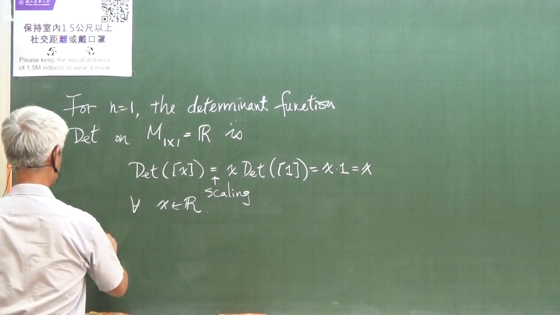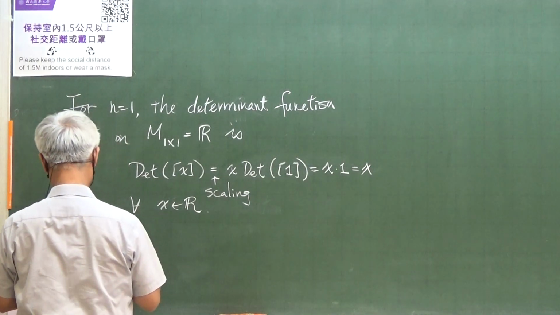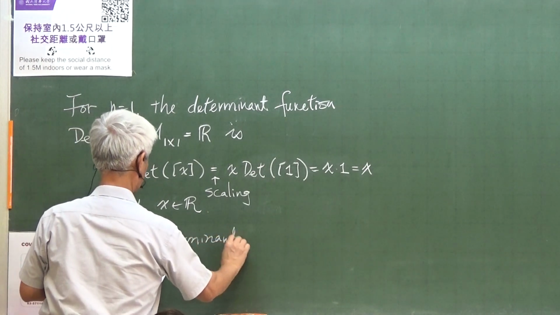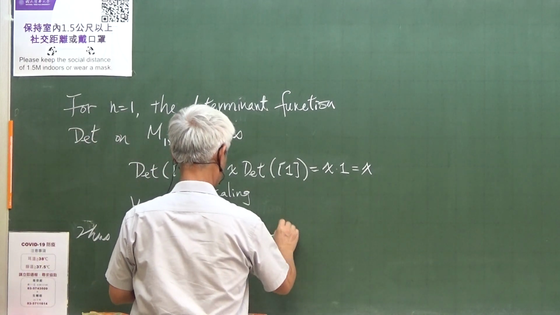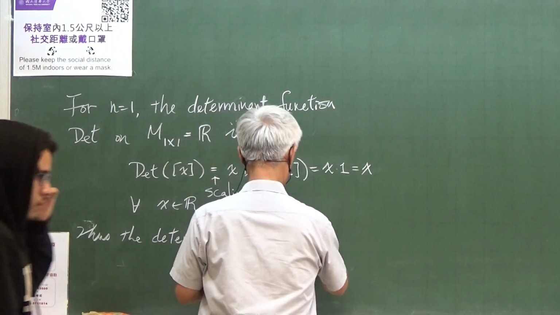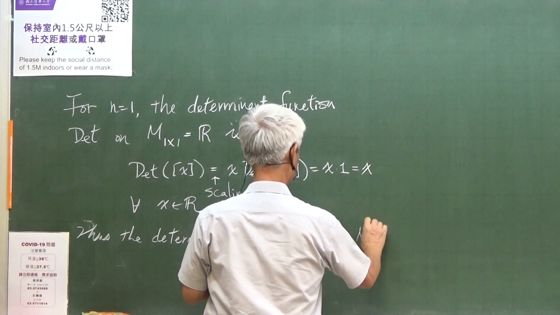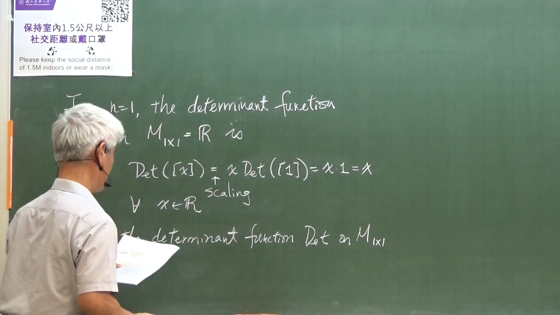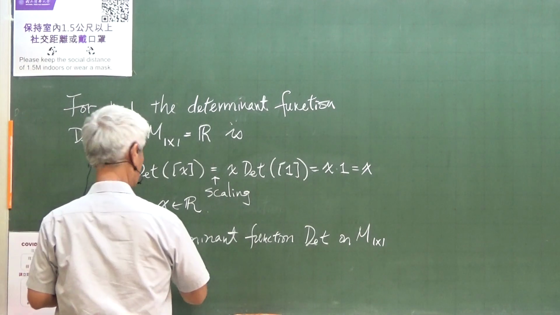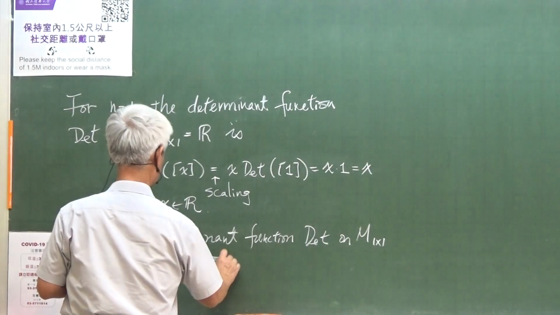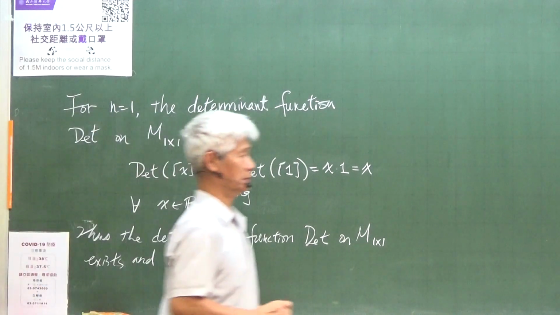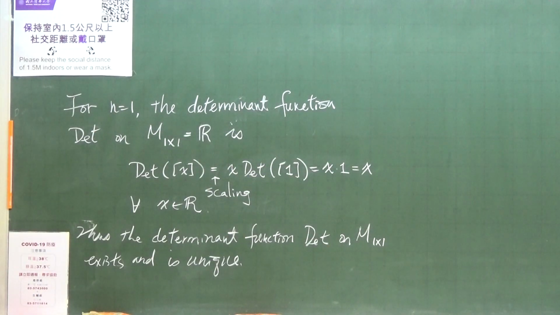So the determinant function for a one-by-one matrix is this, and it is unique. Okay, so we're done for n equals 1. We have answered the question for n equals 1.